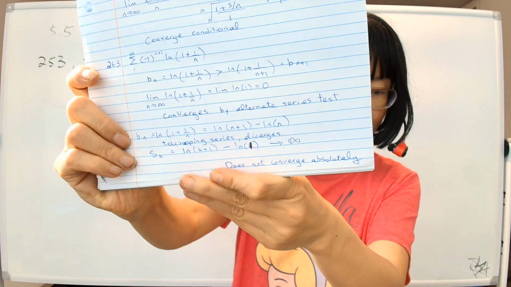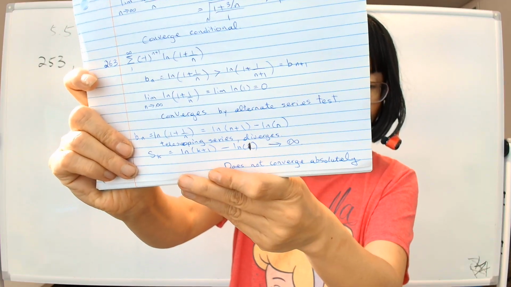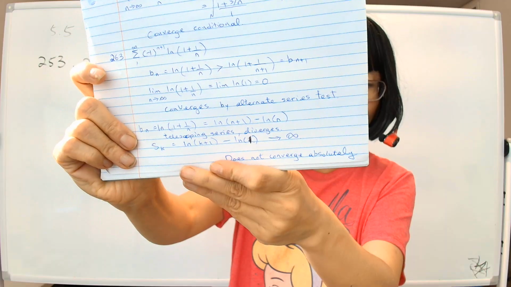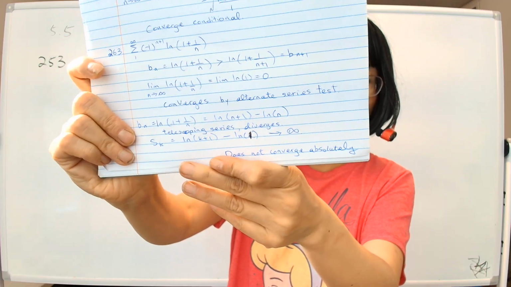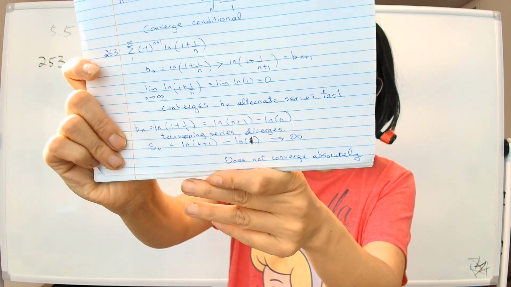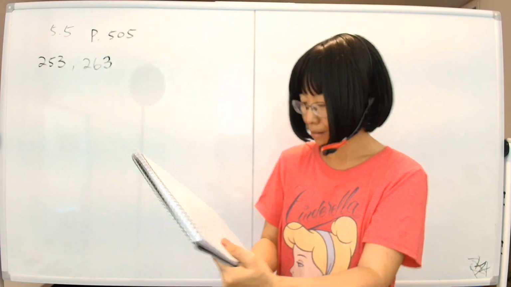For absolute convergence, we can rewrite this as a telescoping series, where each term subtracts something out so that only the first term and the last term are left, which is natural log of k plus 1. That of course goes to infinity slowly, but it does go to infinity, so it doesn't converge absolutely.